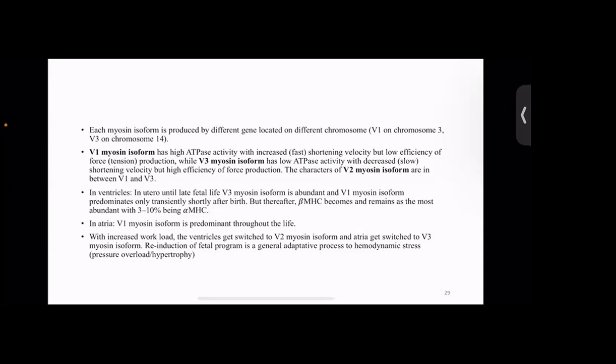In the atria, V1 myosin isoform is predominant throughout life. And with increased workload, the ventricles can get switched to the V2 myosin isoform, and the atria too can get switched to the V3 myosin isoform when they are under pressure, like when you have a pressure overload or hypertrophy. So they can switch back to be able to safeguard their function.